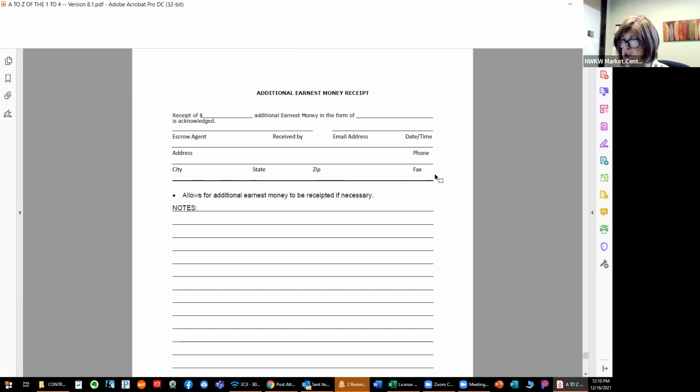Why do you think you'd need additional earnest money? I think I already said it, but the reason you might need additional earnest money is because you were in a backup position and you now are in primary position, and you stated in that offer that you would bring additional earnest money if you moved into primary position. That's when you would need it.